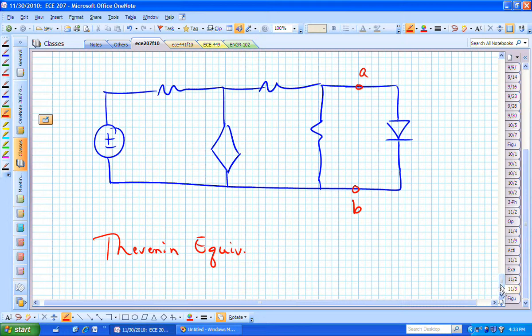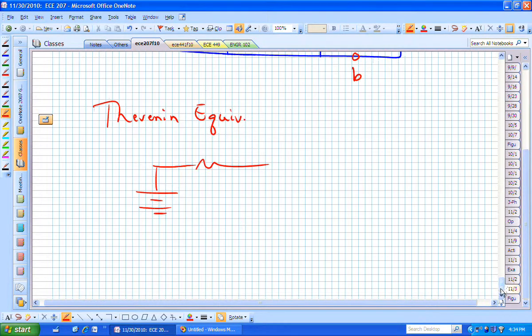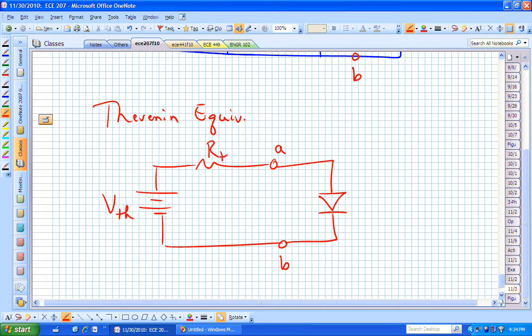You've now eliminated those dependent sources and resistor combinations. Now between A and B, you have something that looks like that circuit that we just analyzed. A source and a resistor.